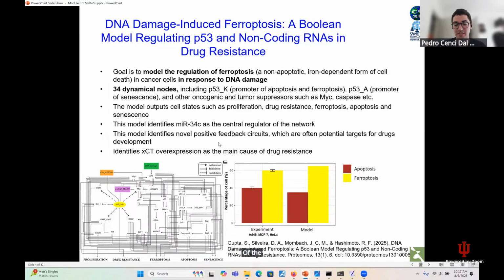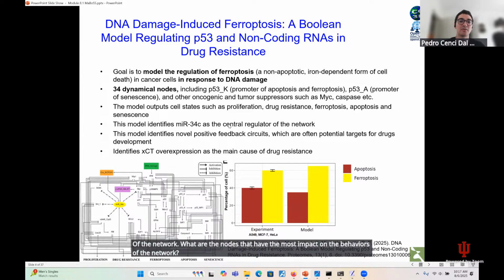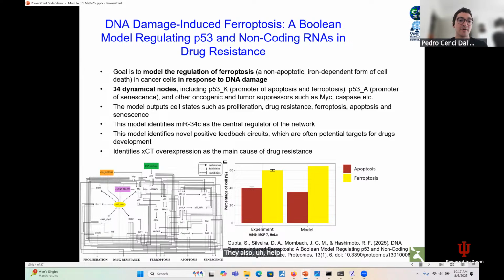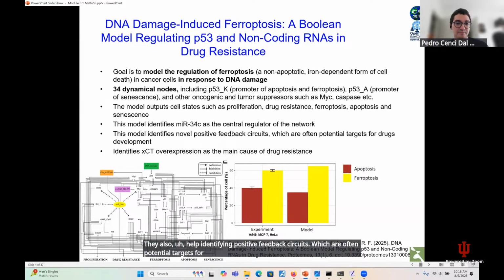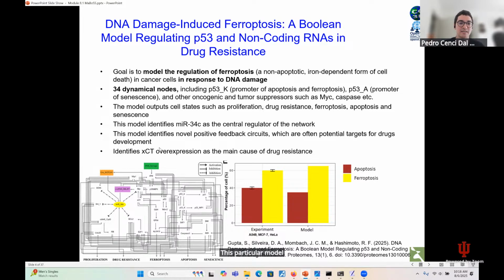They also help identify positive feedback circuits, which are often potential targets for drug development. This particular model identifies XCT overexpression as a main cause of drug resistance.